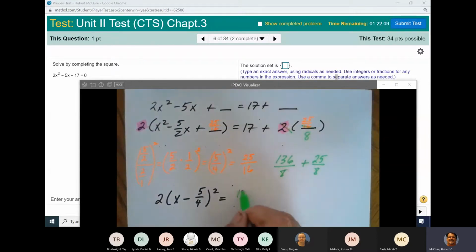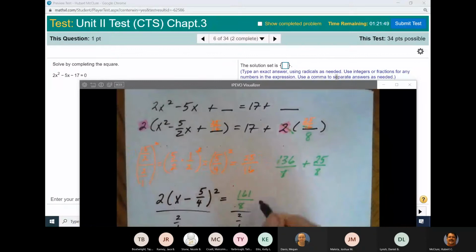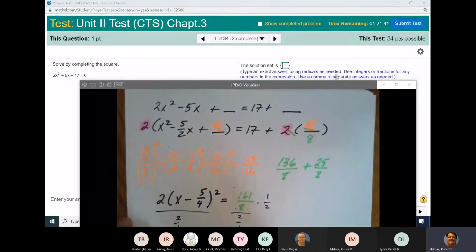Y'all check my math. 161 over 8. Okay. So now we're ready to divide by 2. And we get x minus 5/4 quantity squared is equal to 161 over 16.